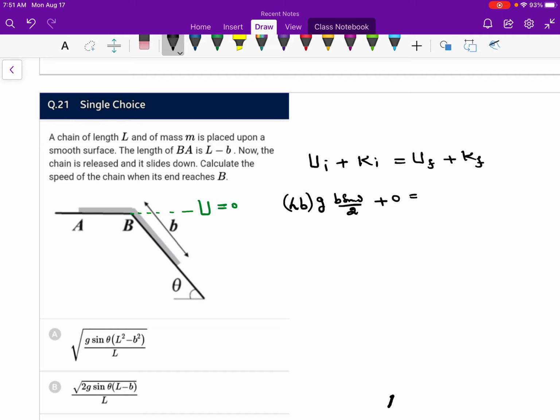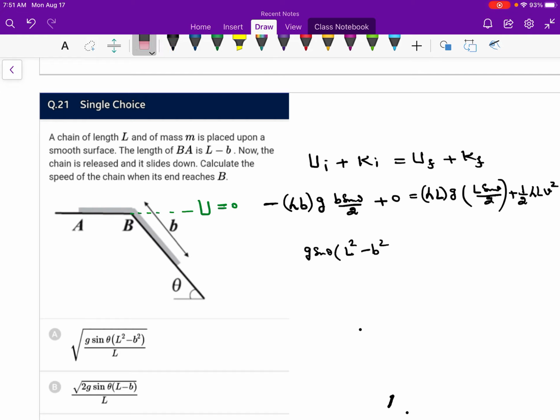Final potential energy: the entire length is on the inclined plane, so the center of mass is at L sine theta divided by 2. So lambda L mass into G into L sine theta divided by 2, plus kinetic energy, which is half lambda L into V square. So lambda cancels. Okay, so this half cancels. So this is G sine theta into L square minus B square.